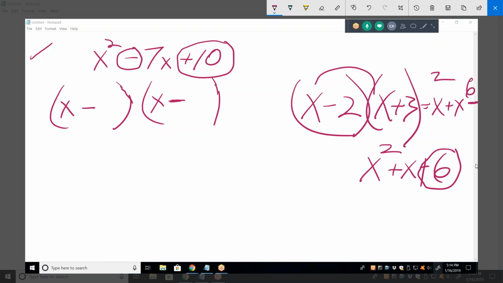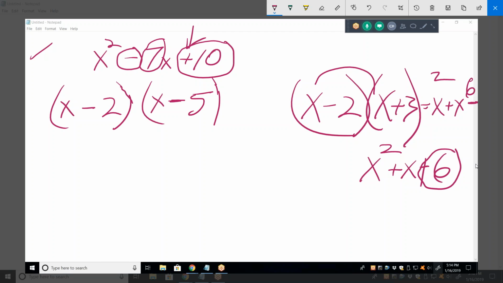And now, the third step is really easy. It's factors of that number, 10, that add, because that's a plus sign, to the number 7. Well, what factors of 10 add to 7? 5 and 2. And it doesn't matter where they go.